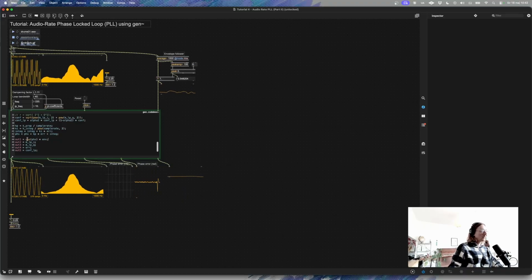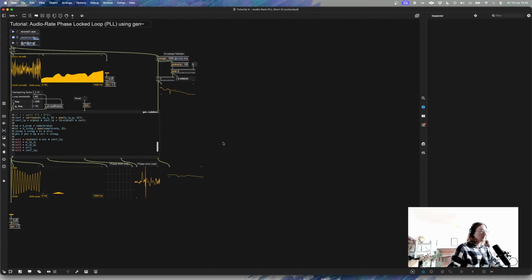So then we can apply this in addition to our envelope. The envelope controls the amplitude of the output, but we also control it with the low pass confidence value here.